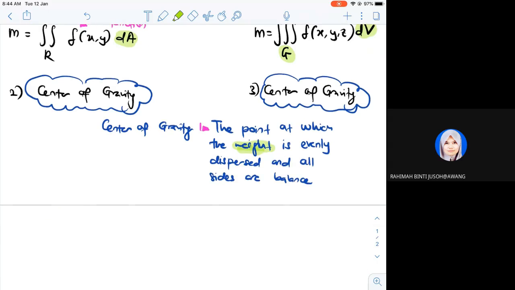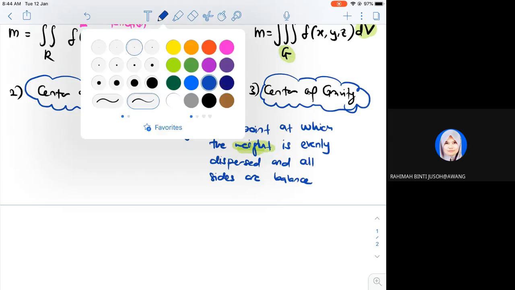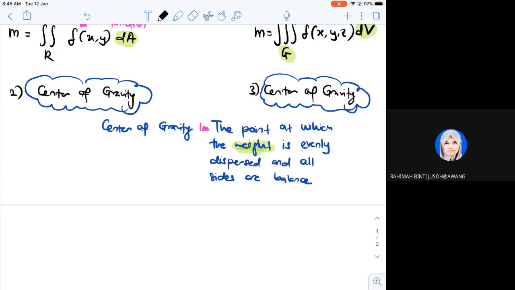Okay, so what's the formula of center of gravity in 2 dimensions? So in 2 dimensions, of course, we have X bar and Y bar only. Okay, we will have a coordinate, because as mentioned earlier, center of gravity means a point. So in 2D, we only have X bar and Y bar.